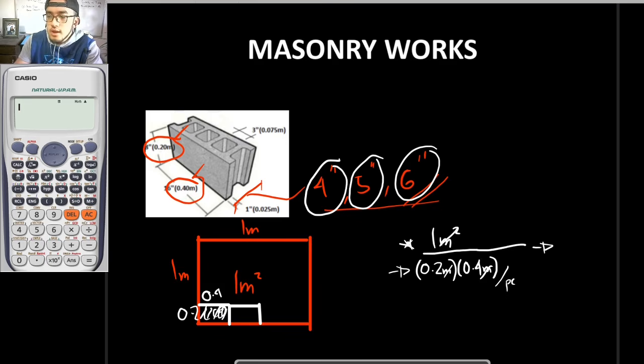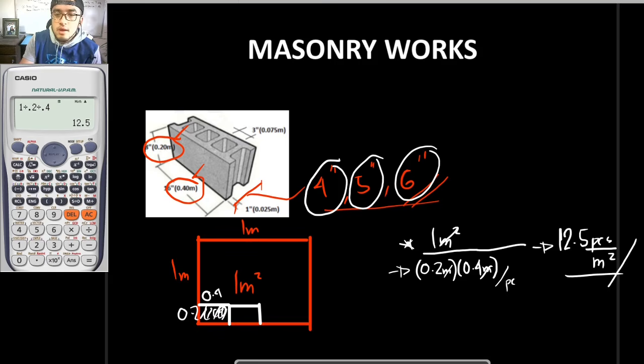So, ang answer natin dito would be 1 divided by 0.2 divided by 0.4. So, that is 12.5. So, meaning, sa isang square meter ng wall area, 12.5 pieces of CHB will be needed. So, pieces per square meter. This is to be our factor for hollow blocks.